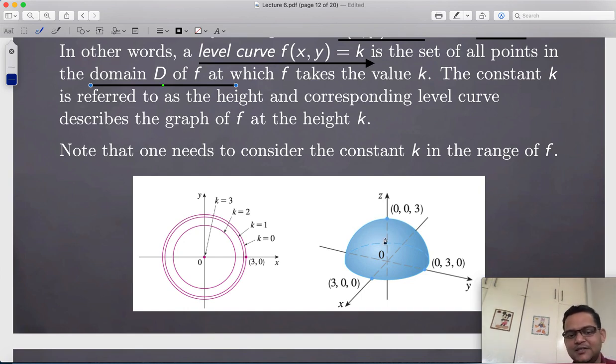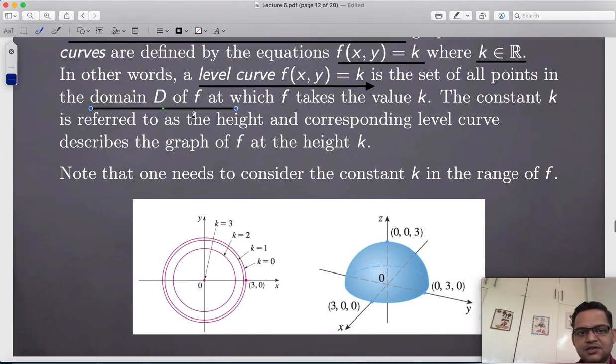That is the whole idea. The label curves are the collection of points at which the function takes a constant value, but if you lift them up, they sit as curves on the surface. This is how label curves are defined.